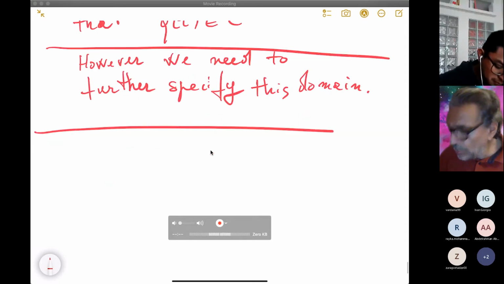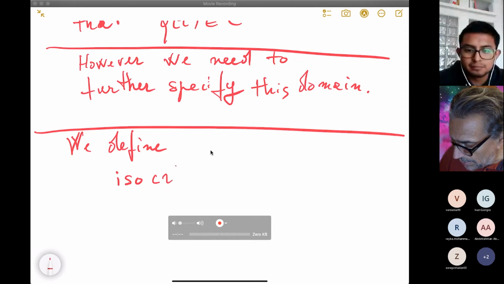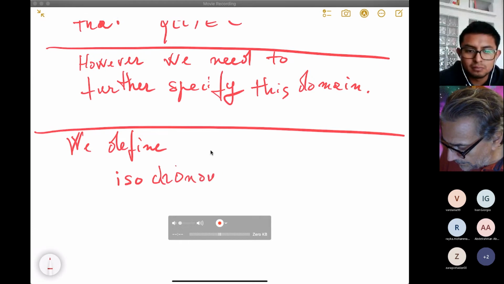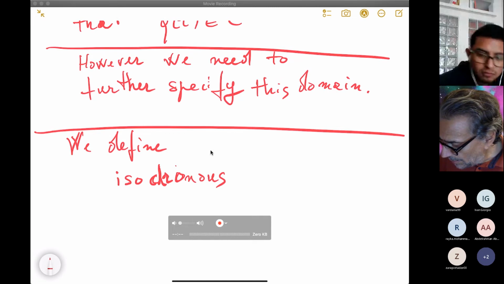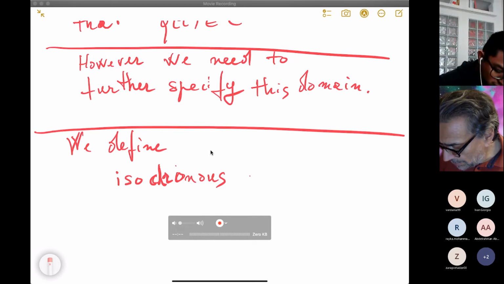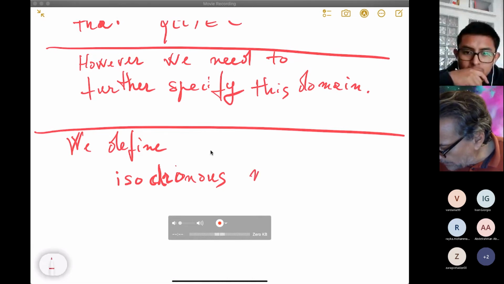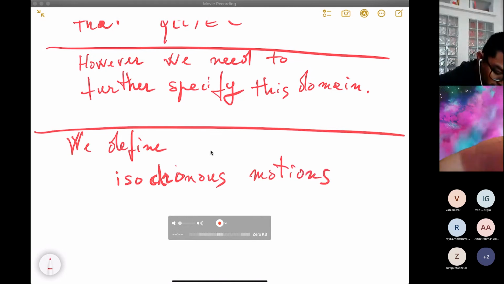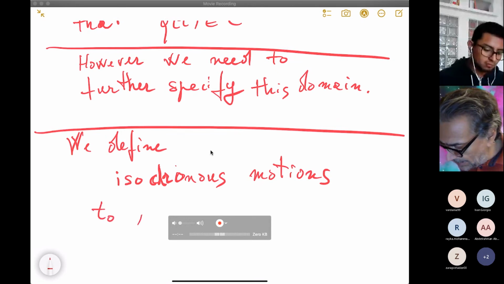In order to do this, we define isochronous motions. We define two time instants, t0 and tf.